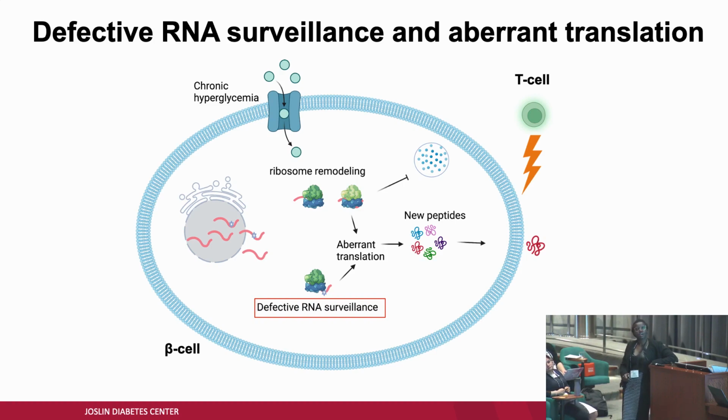And there's this finding in the field that there are ribosomal products that contribute to T-cell attack of beta cells in type 1 diabetes. And these are usually new products. They are not your regular peptides that are from complete genes. So they could be resulting from alternatively spliced products or things that were not degraded by RNA surveillance. They could also come from errors from the ribosome itself.